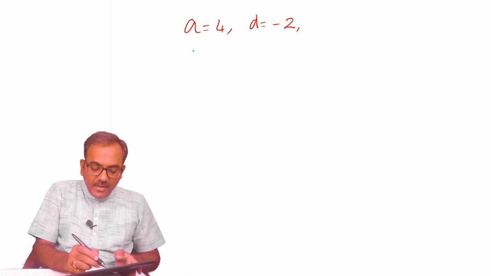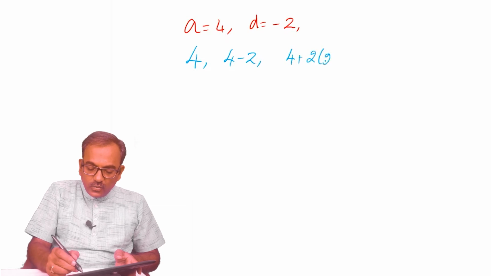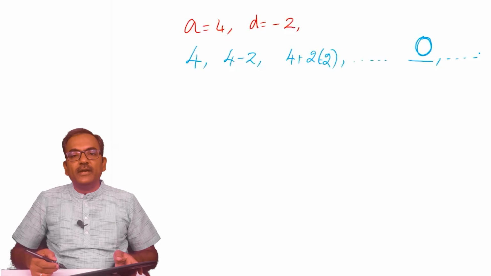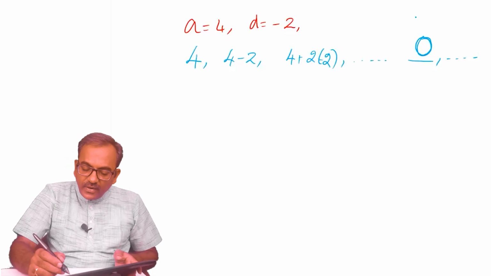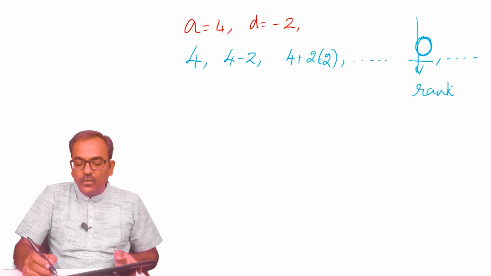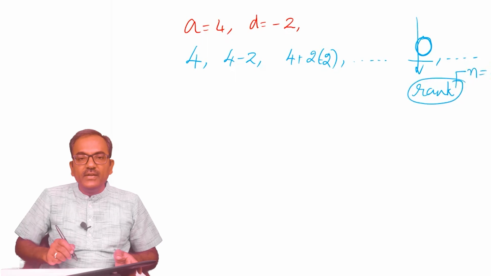The AP is like this: 8, 8 minus 2, 8 minus 4, 8 plus 2 times minus 2, and so on, and somewhere a 0 sits in this arithmetic progression. We need to find out the rank of this 0, or else we need to find the value of n.